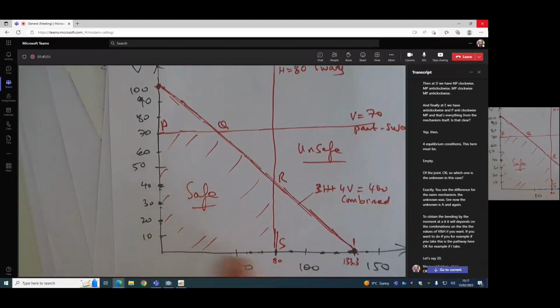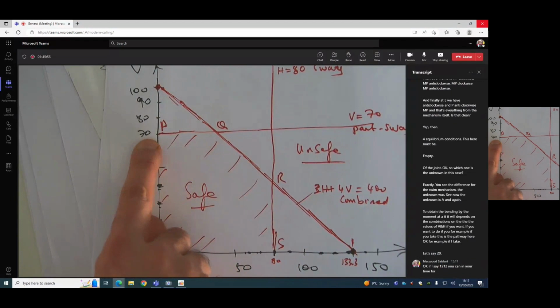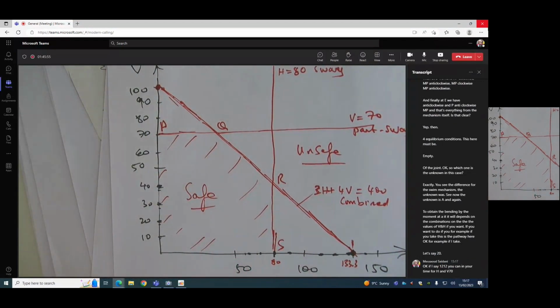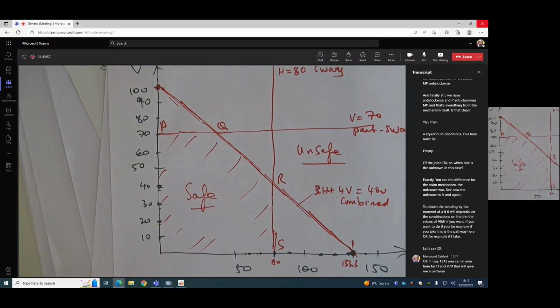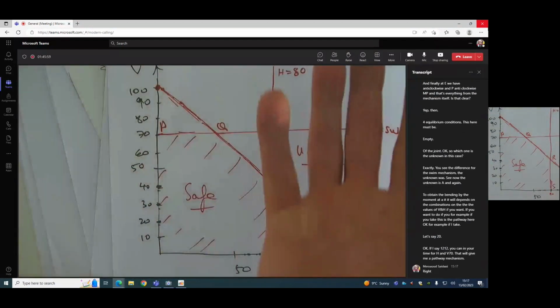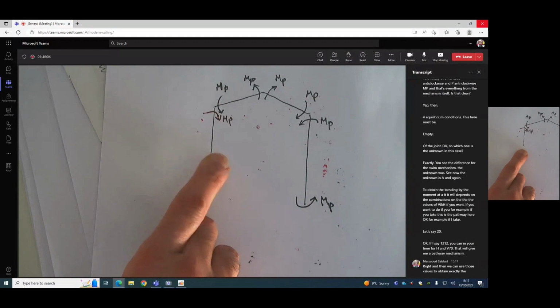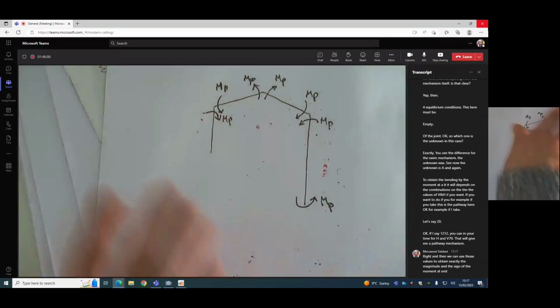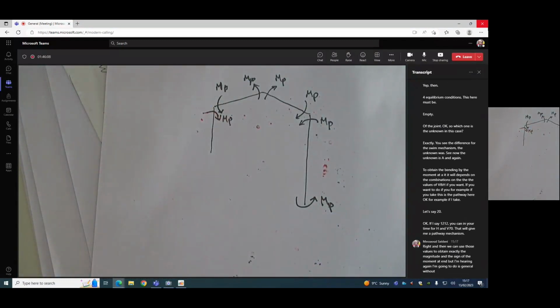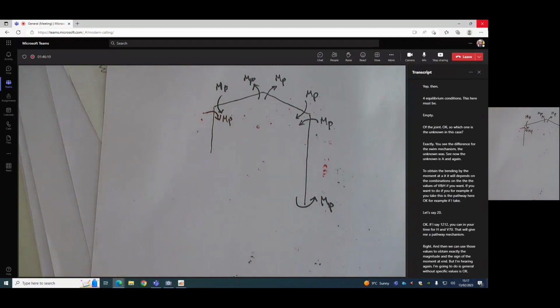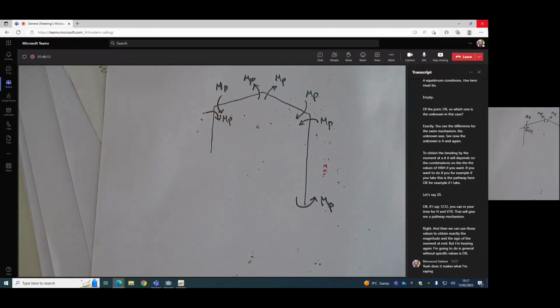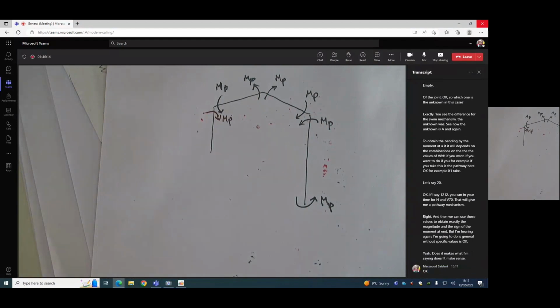If I say 20 kilonewton for H and V 70, that will give me a part sway mechanism, right? And then I can use those values to obtain exactly the magnitude and the sign of the moment at A. But I'm going to do it in general without specific values. Is that okay? Does it make sense?